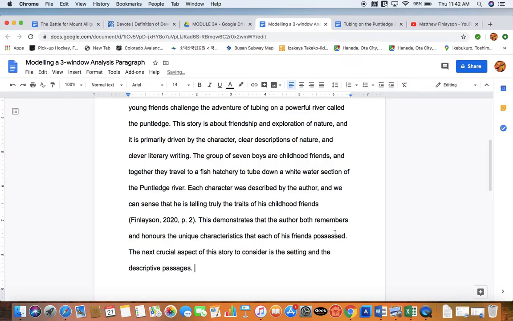So there are no rules, I'm not telling you you have to do anything in any particular order. Whatever makes synthetic sense to you is the way to do it. So you can see here that I've partnered up setting with descriptive passages.